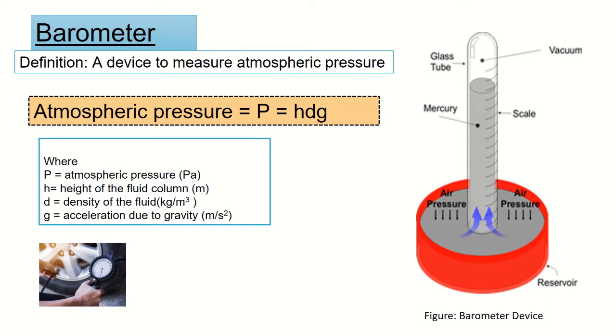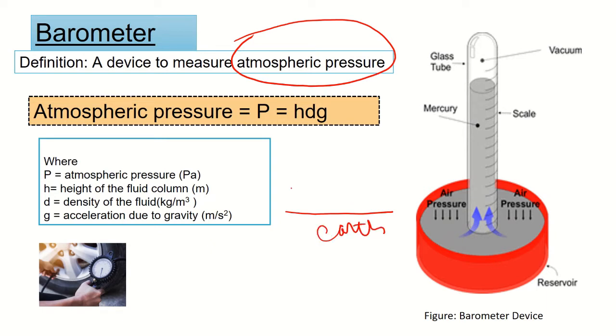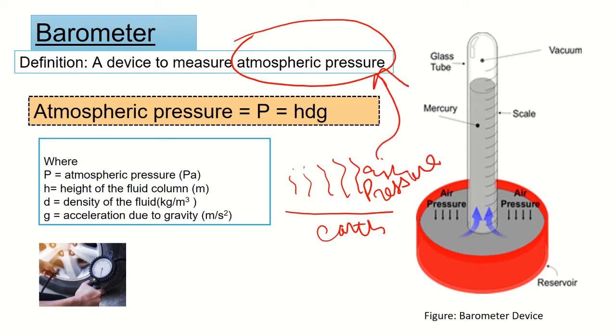So atmospheric pressure means this: suppose this is the earth, and on the earth there is air like this. There is air pressure on everything, and this air pressure is known as the atmospheric pressure.